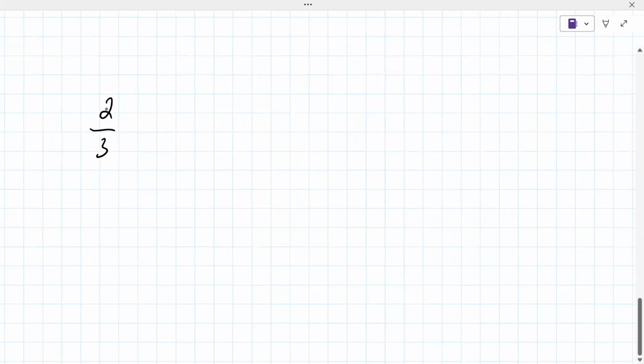Could you give me a name for this type of decimal? It's a blank decimal. Repeating. It's repeating. All right.